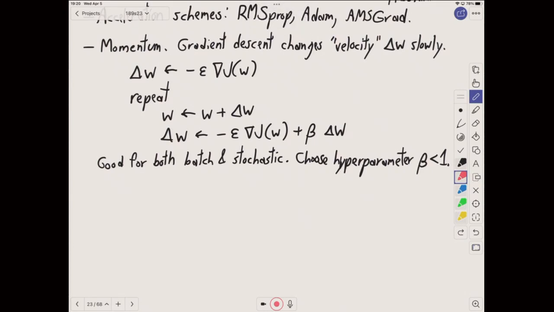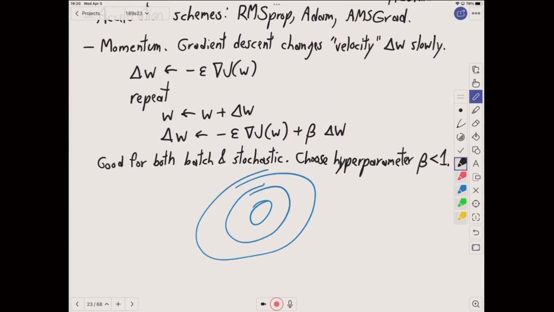Now, one problem with momentum is that as you start to get close to a good minimum, you're liable to overshoot the minimum. So the thing about momentum is, you're working towards the center of your objective function, towards the minimum, and then when you get there, you keep going because you've got momentum.